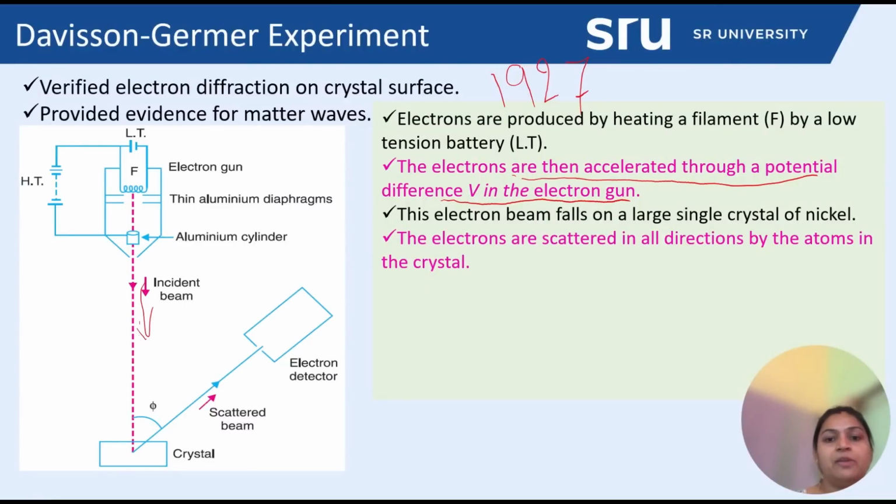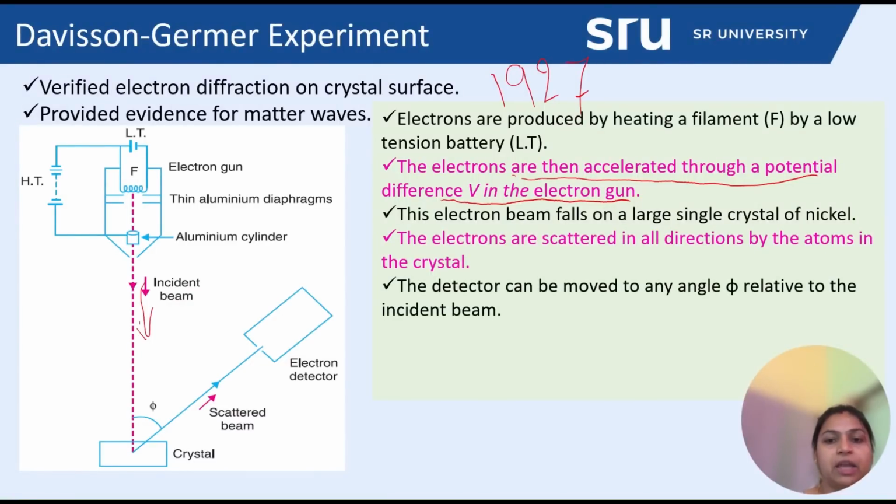The electrons are scattered in all directions by atoms in the crystal, and the detector can be moved to any angle phi relative to the incident beam.